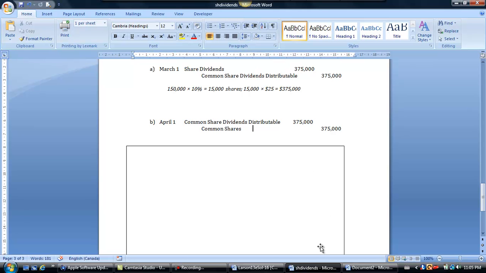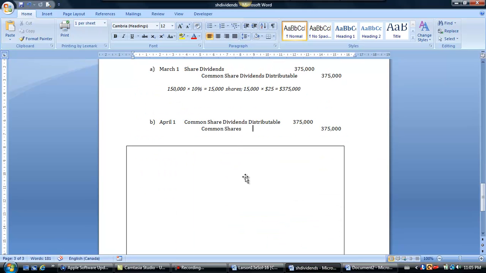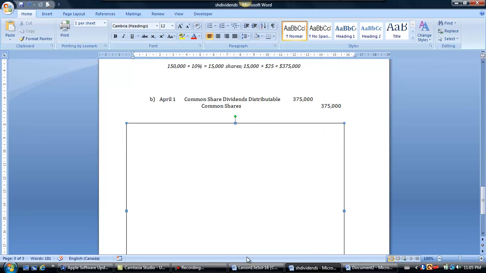Now, if we go back to our question, Part C says to prepare the equity section of the balance sheet on April 1st after the share dividend is issued. Initially we had 150,000 shares issued and outstanding and retained earnings at $633,000. Well, this number is going to change.